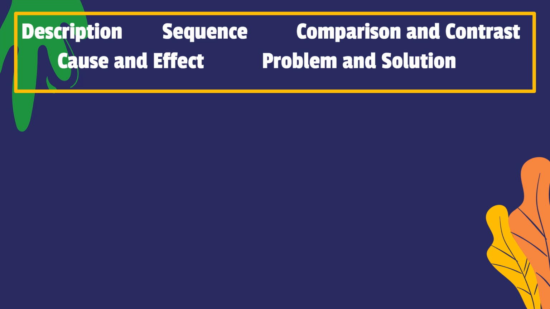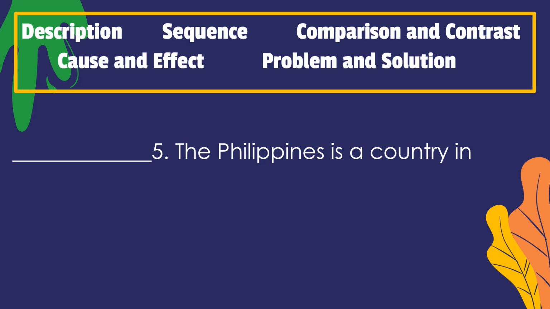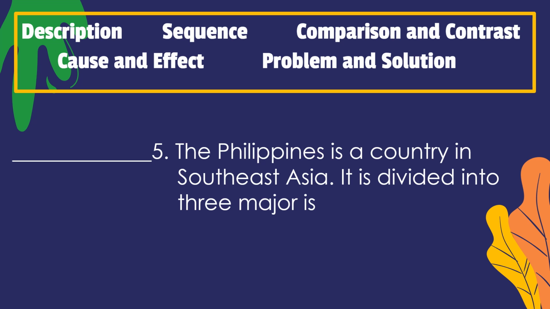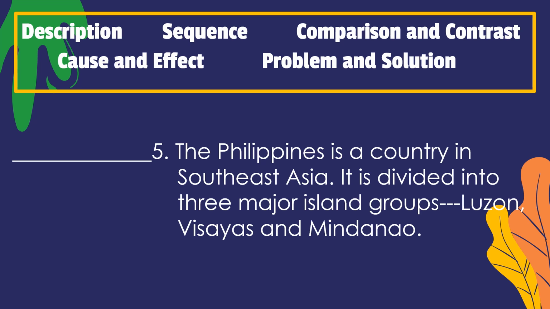And for the last number 5, the Philippines is a country in Southeast Asia. It is divided into 3 major island groups: Luzon, Visayas, and Mindanao. Anong element kaya ng expository text ang ginamit dito? Tama, ang sagot ay description.